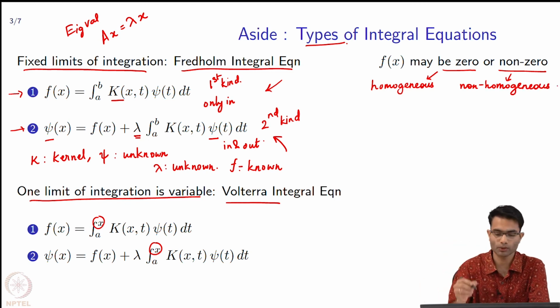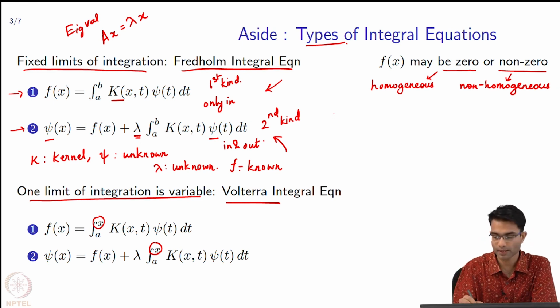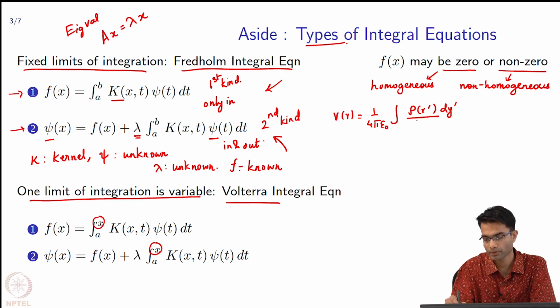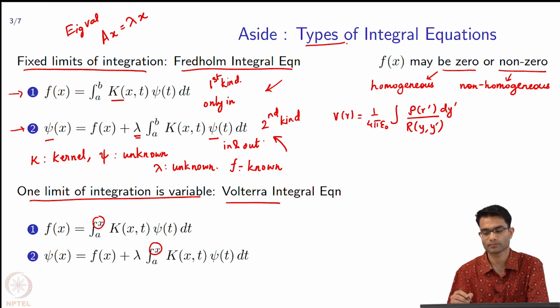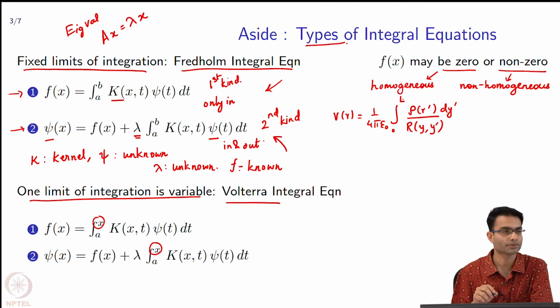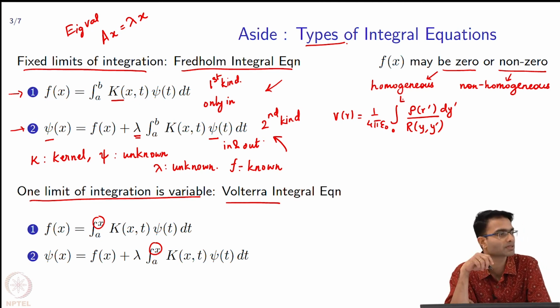Okay. So, when I look at, let us say, the equation that we had on the previous page, I had V of r is equal to 1 by 4 pi epsilon integral of rho of r prime dy prime over r, with y prime from 0 to L. This was our integral equation. So, from these 4 equations that we have on the board, which of these does it look like? Looks like a. Okay.